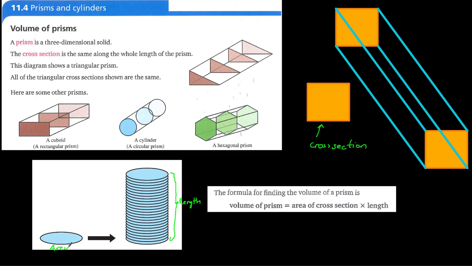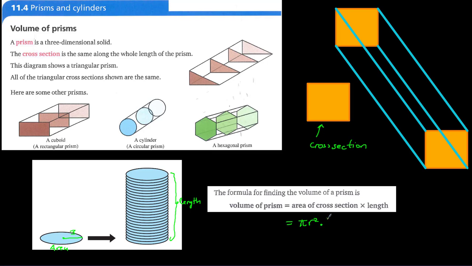The cross section in this figure is a circle. Let's say the radius is equal to 3 units. So the volume is equal to the area of the cross section, pi times r squared, times the length.